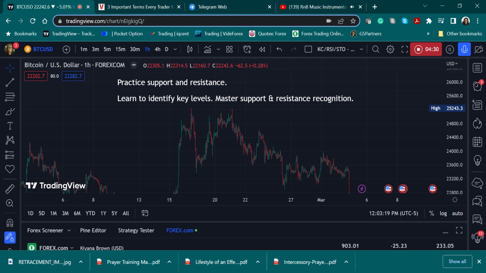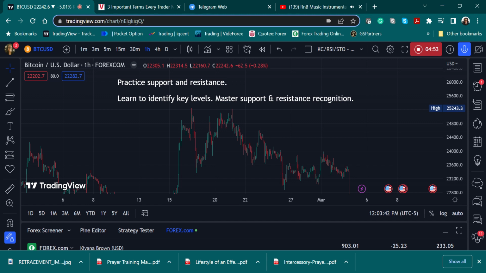At some levels, demand that would have been slowly increasing will rise to the level where it matches supply. At this point, price will stop falling, and this is support.